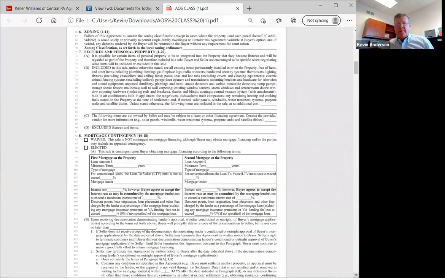Okay, so we're on page 3, and zoning is interesting. Unless the property is zoned anything except for single family dwellings, you have to put what zoning classification the property is in.